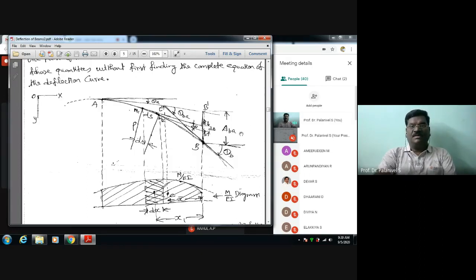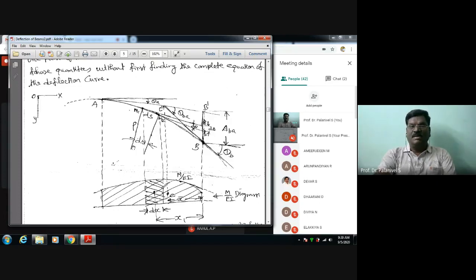Apart from that, I come to this elemental length of the beam. Here I have drawn tangents at M1 and M2. This vertical offset I am also defining, with points P1 and P2, and this vertical offset is d del. The relative angle of rotation between these two tangents is named d theta.